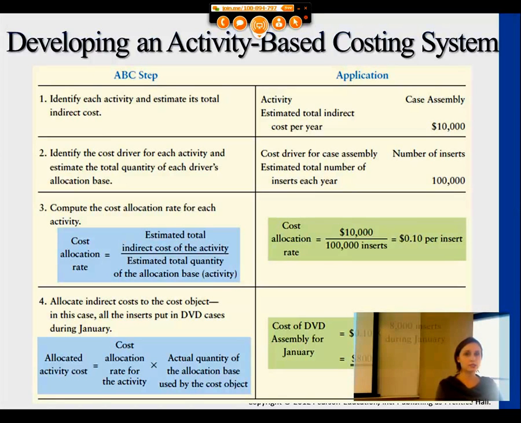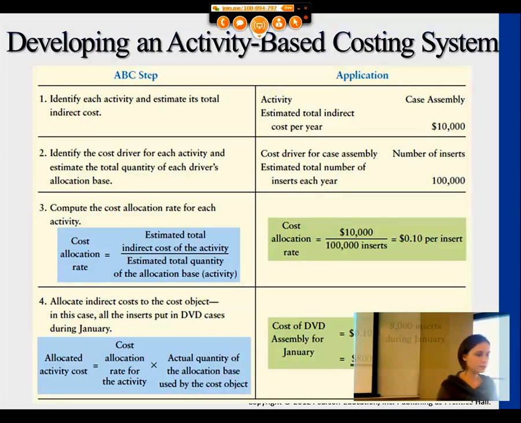It means we're trying to predict how much it is going to cost us for that particular activity to assemble cases. So they say, we think it's going to be $10,000, and it's based maybe on prior numbers, on the volume that we're expecting, all of that discussion that we had last class. So all of the different components are going to help us to estimate.